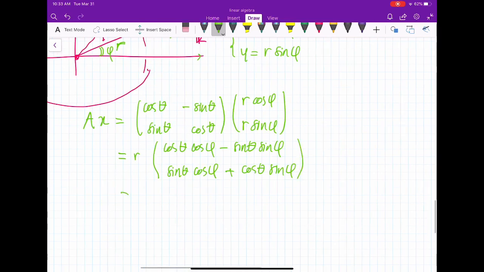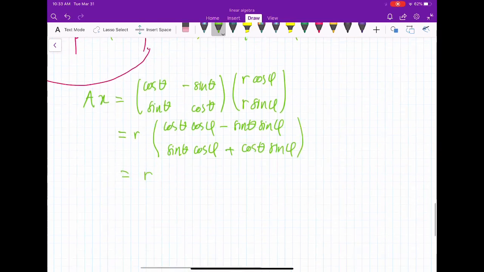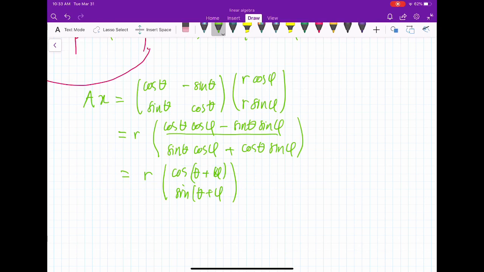So basically, that is r times, in the first coordinate, cosine minus sine, which is the cosine of a sum, so I have cosine of theta plus phi. You have sine cosine plus cosine sine, which is nothing but sine of theta plus phi.